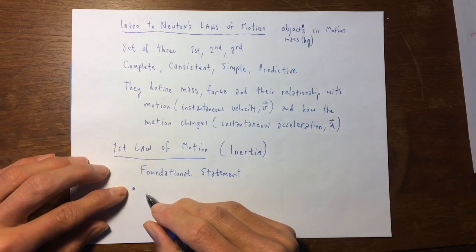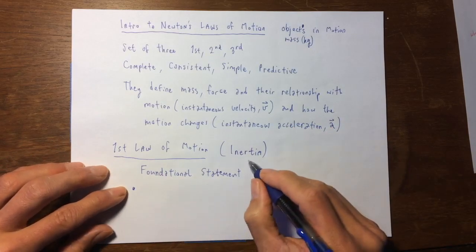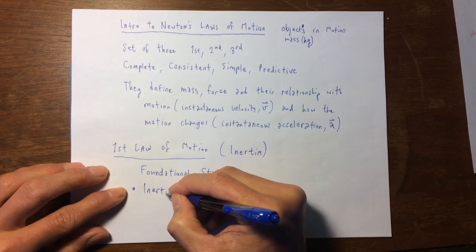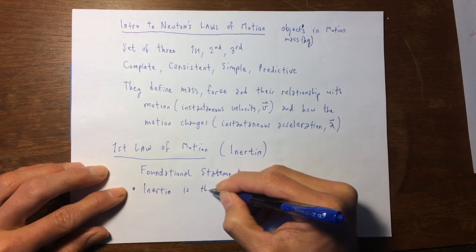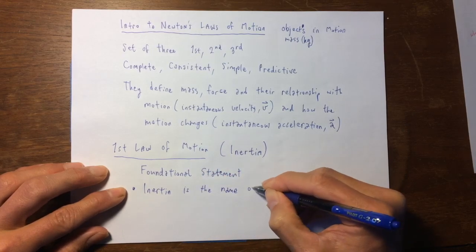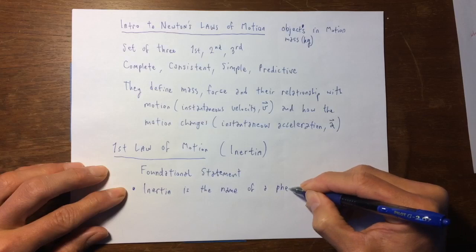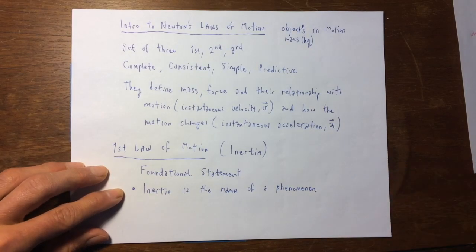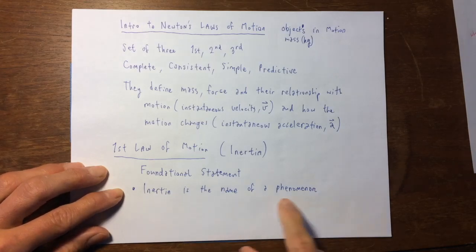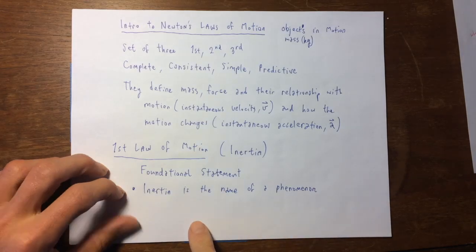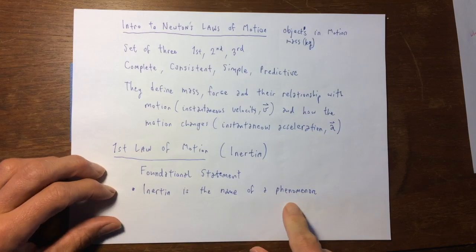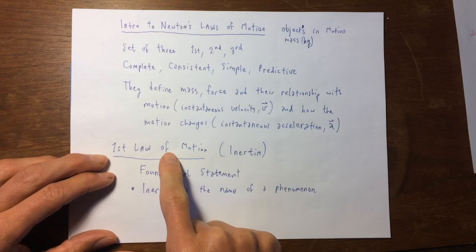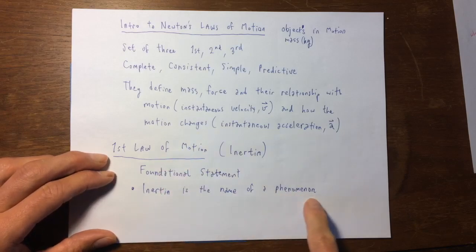When I think of inertia, I think of inertia as the name of a phenomenon. That is, it's an occurrence that happens in nature. I'm going to describe what this phenomenon looks like, and the way I'm going to describe it is I'm just going to say what the first law of motion is. The first law of motion is a description of this phenomenon.